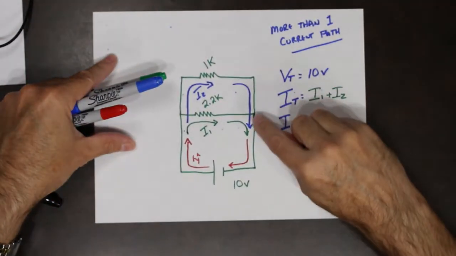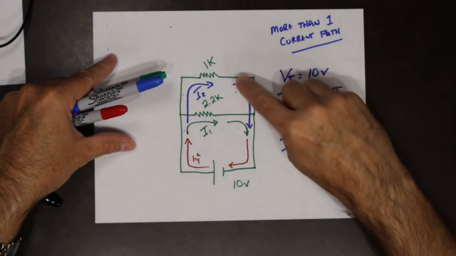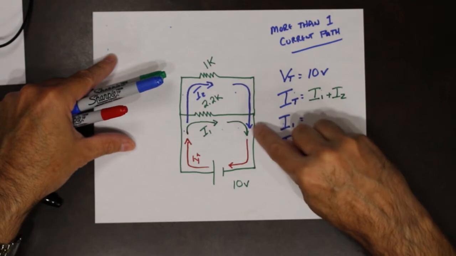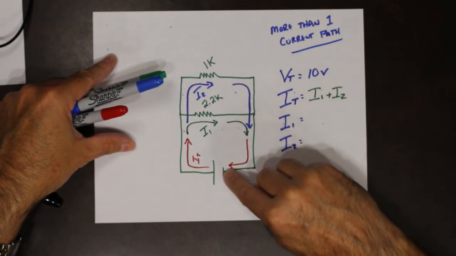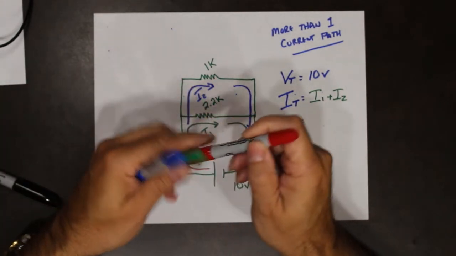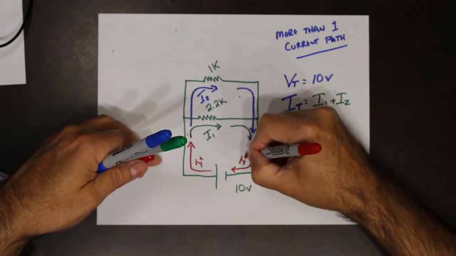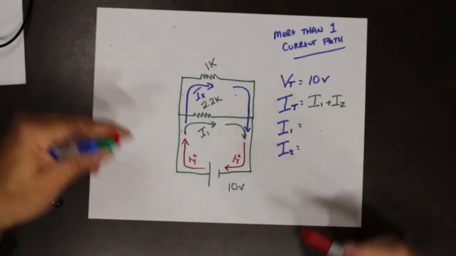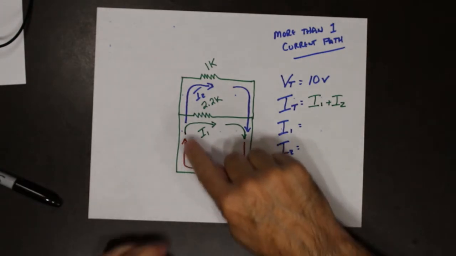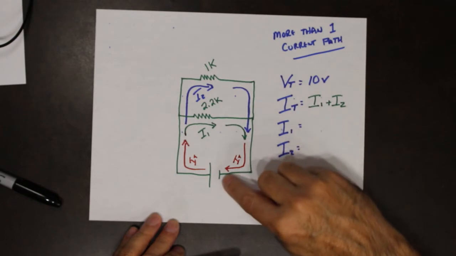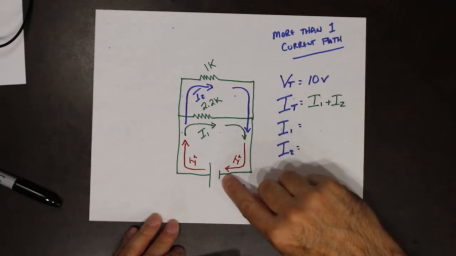The same thing happens here. So this current comes and rejoins with this current and flows together back to the source. So the value of current over here is the same, I total, as it was here. So the current leaves, splits, rejoins, and then flows back to the source and finishes the loop.